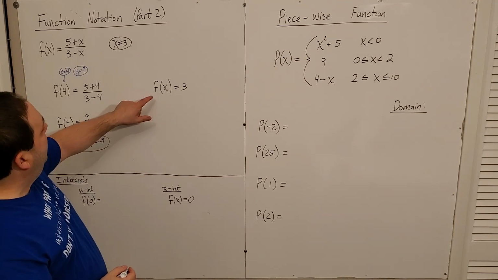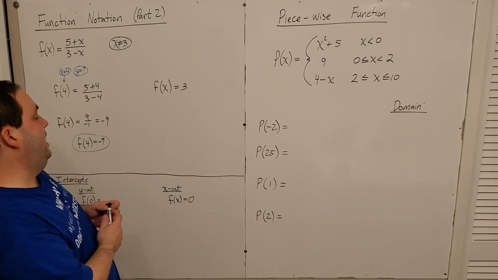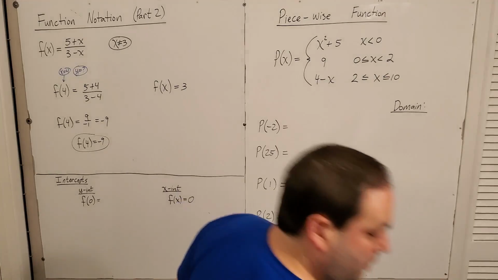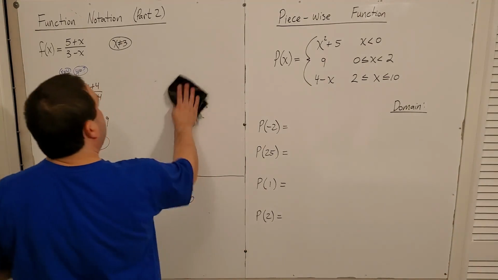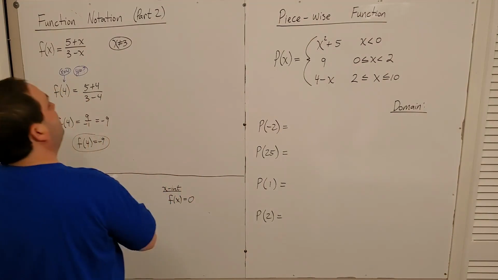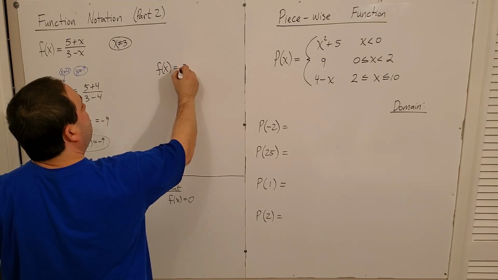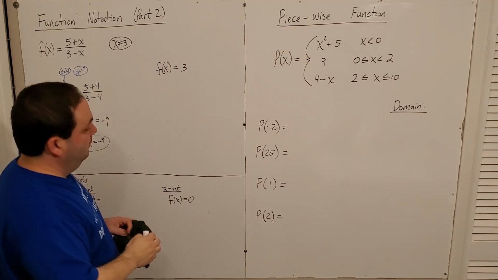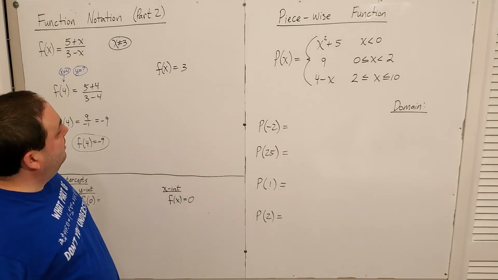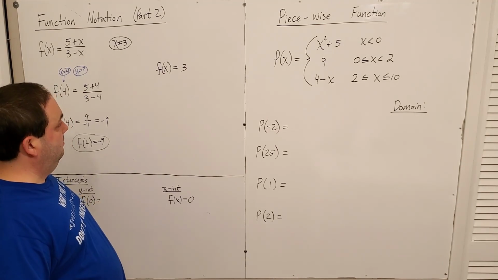Okay? F of x equals 3. Let me move that one, give myself a little bit more space there. F of x equals 3. Now, notice that the 3 is not in the parentheses, okay?